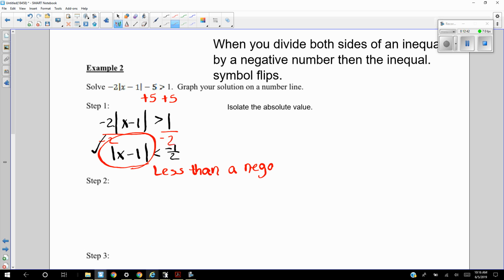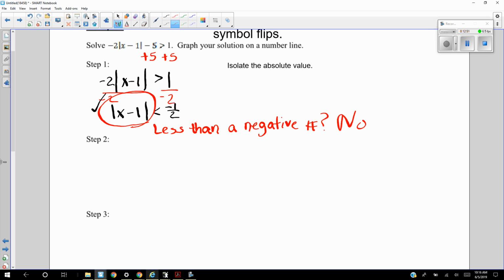This is one you have to watch out for, and of course, the answer to that is no. So we don't need to split this into two inequalities, because the answer to this one is no solution. Distance cannot be less than a negative number.